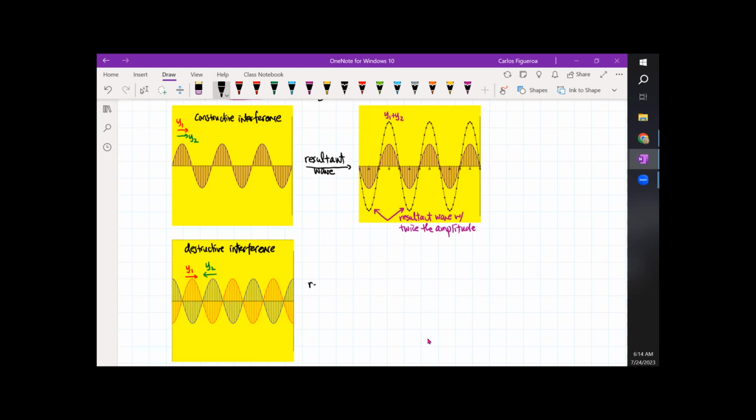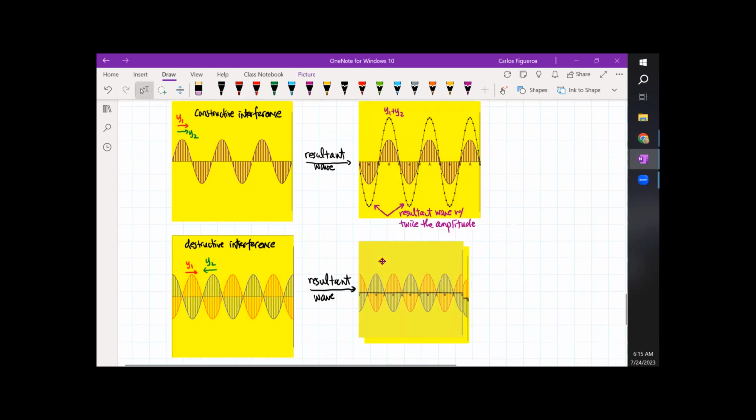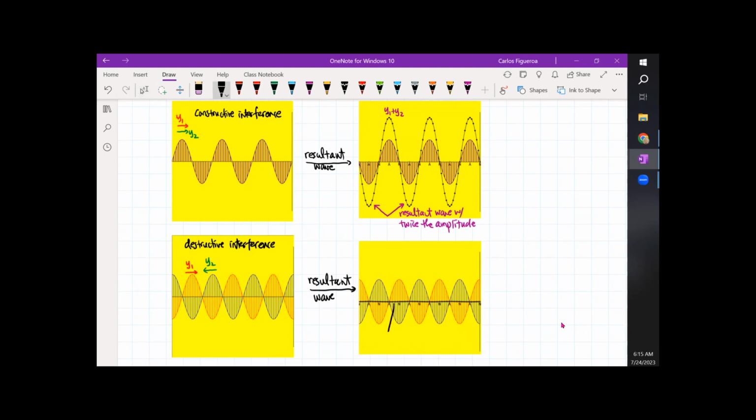And then if I look at the resultant wave again, I have this image that looks something like this. And you could see here that that black line represents the resultant wave with zero amplitude. Now again, that black line right there is Y1 plus Y2.